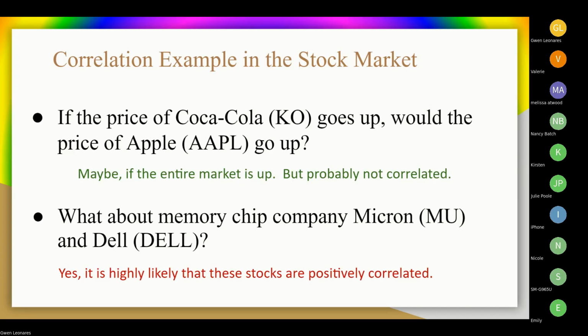So one thing you might also think about is, well, these are both tech stocks, and they both deal with computer parts. So if you were adding stocks to your portfolio, you might not want to have too many that are dealing with parts of computers.